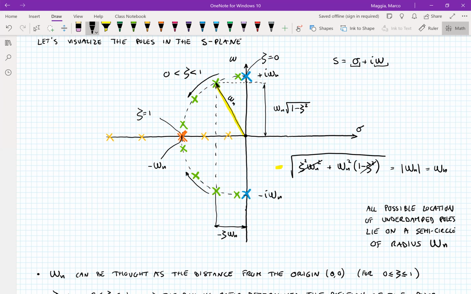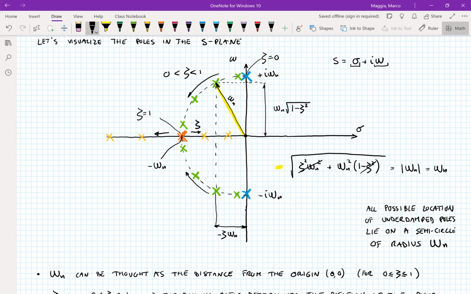So as we increase further the damping ratio, we're moving now on the real axis to the left and to the right. In the extreme case of zeta, that is the damping ratio going all the way to infinity, then one pole will approach the origin and the other pole will approach minus infinity.